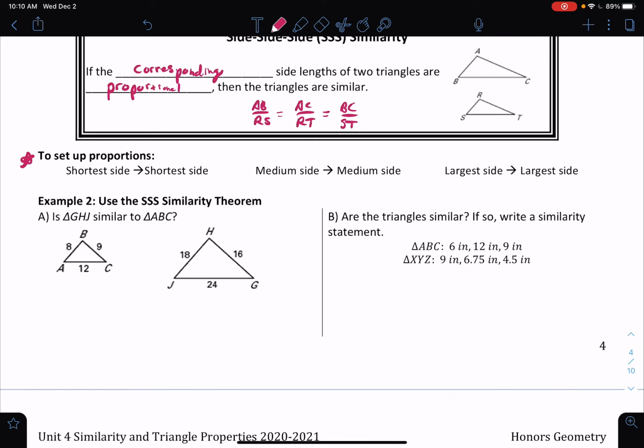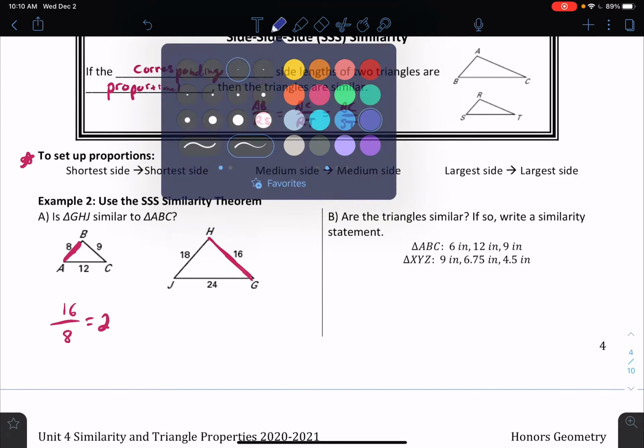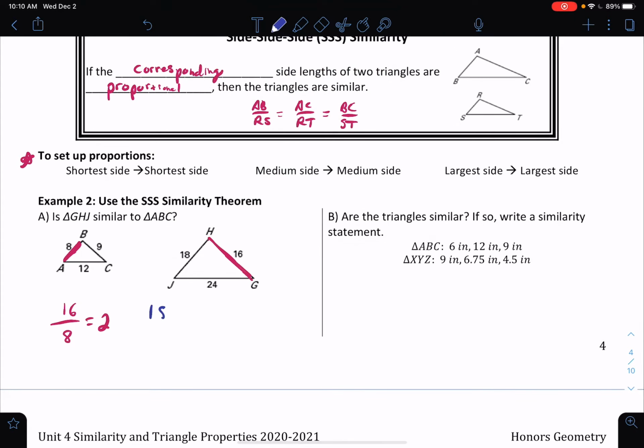The shortest side in triangle GHJ is 16, which matches up with 8, the shortest side in triangle ABC. 16 divided by 8 is equal to 2. Now the medium side, 18, is going to match up with 9, which simplifies to 2.